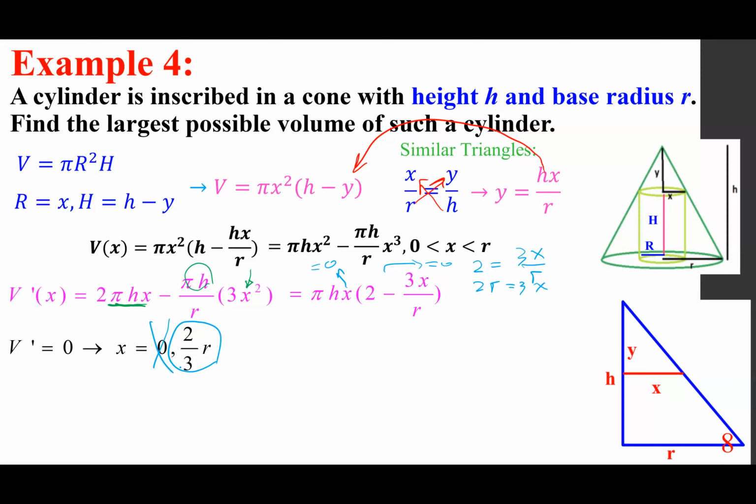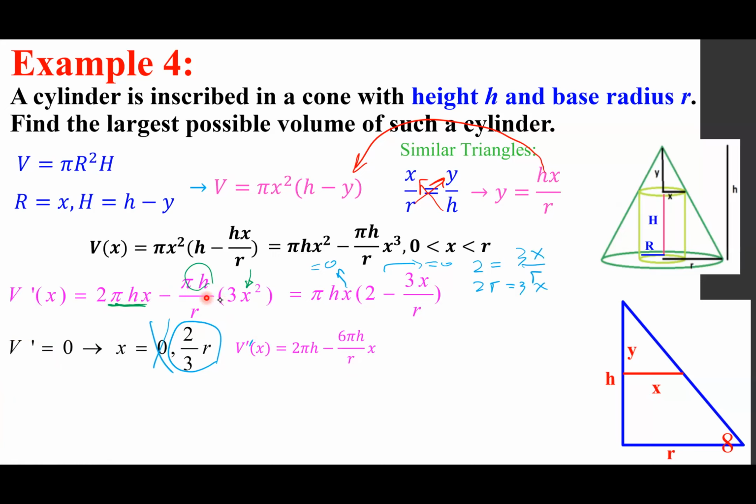So does that represent max or mean? We don't know. We're going to take the second derivative, v double prime. This is v double prime of x, which is 2 pi h minus 6 pi over r.